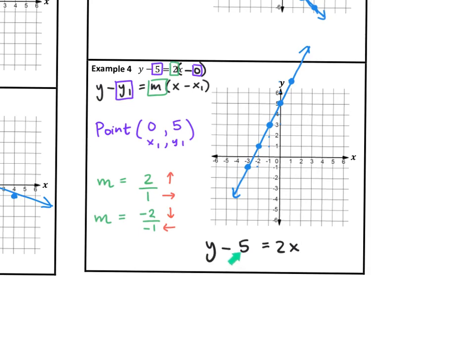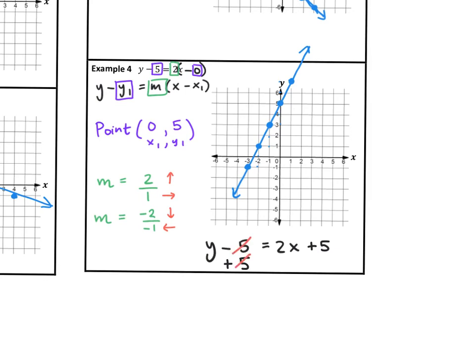What I mean by solve for y is, can I get y by itself? In other words, how can I move this minus 5? What's the opposite of minus 5? Subtracting 5. The opposite is adding 5, right? So if I add 5 on both sides of the equation, you should notice that these two will cancel here.